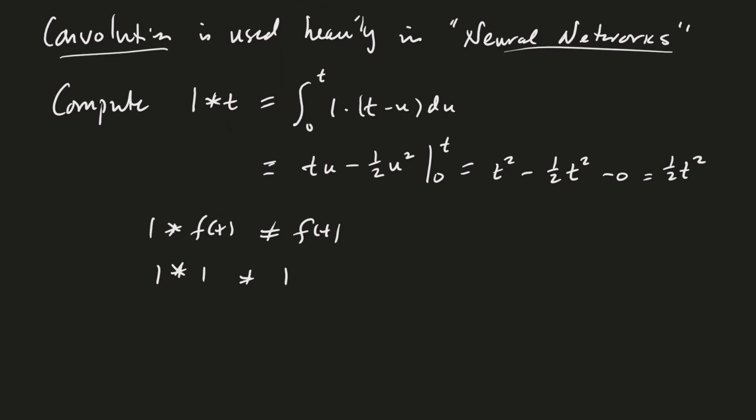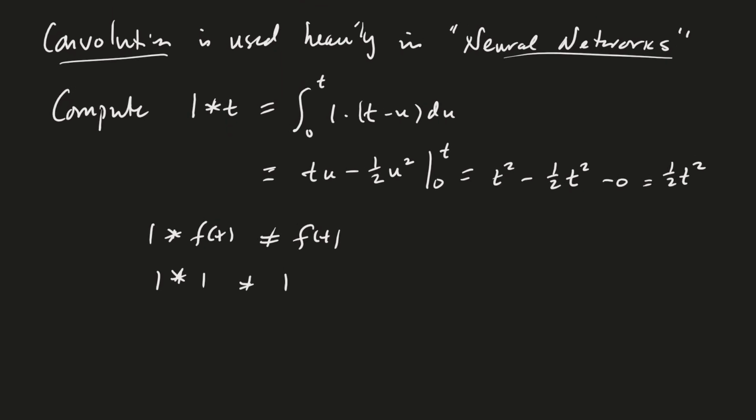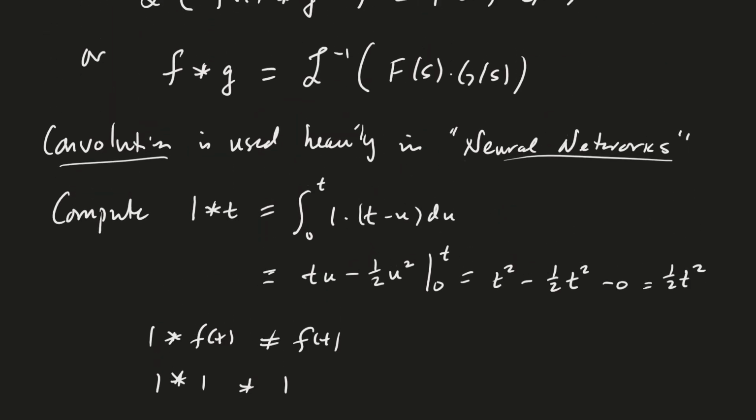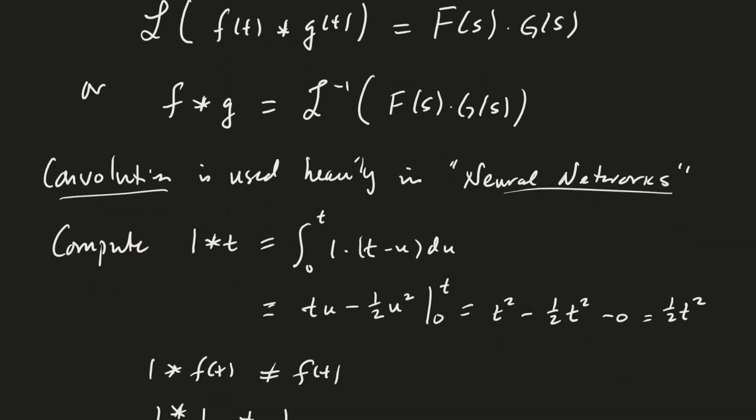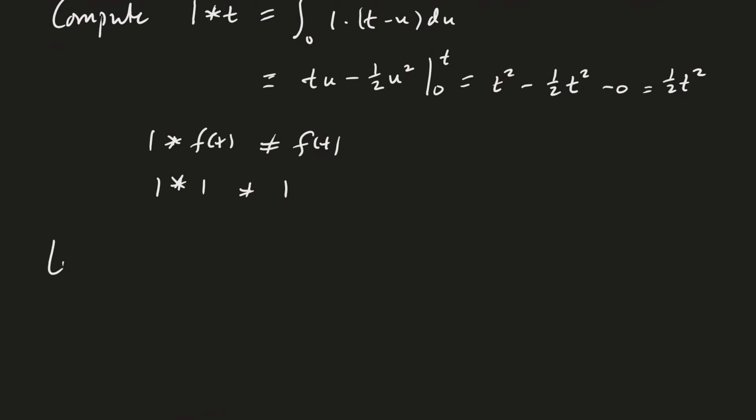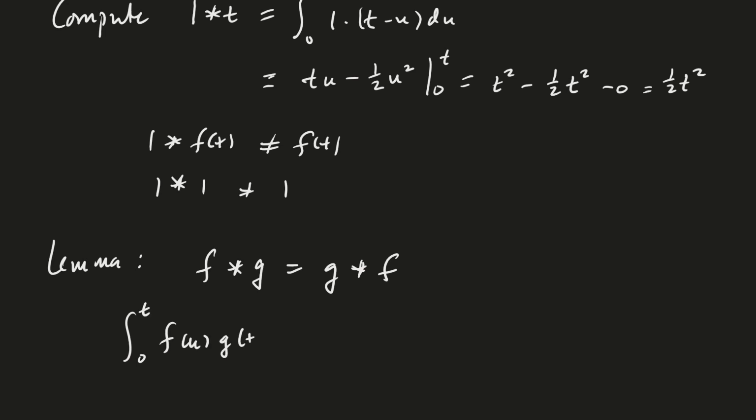One property about the convolution that's not obvious, but is true by the convolution theorem, is that, we'll just write it as a lemma, if I take f convolved with g, that's the same thing as taking g convolved with f. So it's not obvious if you're looking at the integral. We're going to look at the integral here just for a second, just so we can show you.